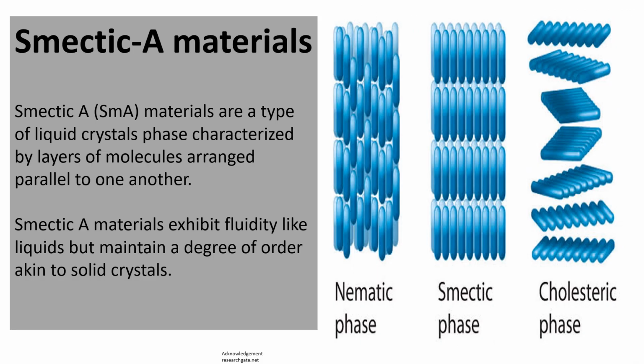So now let us see what smectic A materials are. In smectic A materials, the arrangement of atoms within molecules determines the overall structure of the material. Smectic A materials are composed of molecules that are organized into layers, with each layer containing molecules aligned in a specific direction.